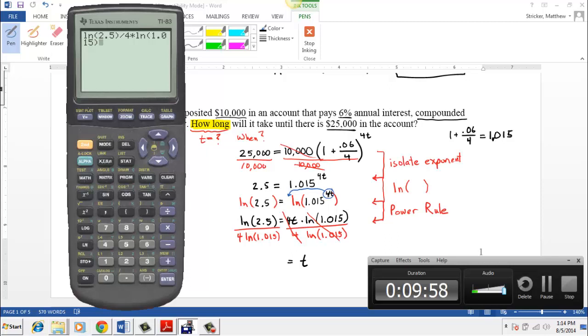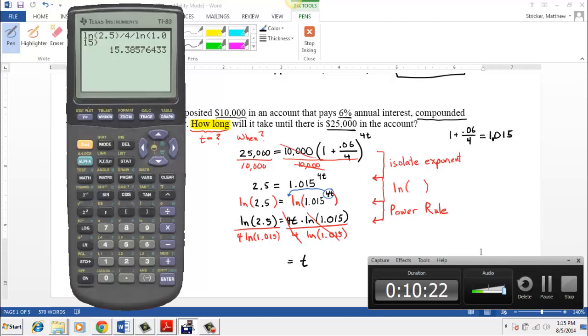We want to divide the whole thing by 4 and by the natural log. So I think the easiest way to get around this is just to go back here and put another divide sign there. That tells us to divide ln 2.5 by 4 and by the other natural log. So if I do that, I get this answer, about 15.386.